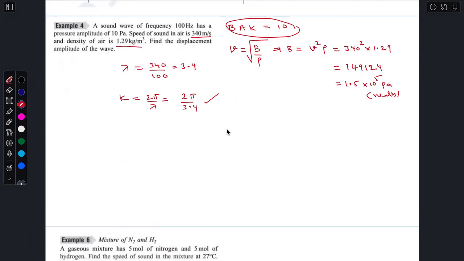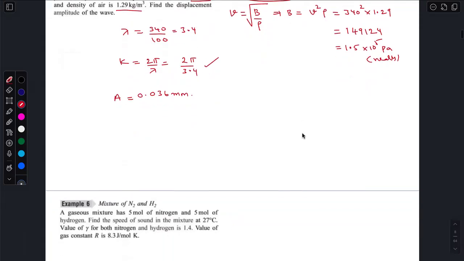Frequency and f lambda is equal to v. So by solving all these, you will get the amplitude as nearly 0.036. Trust me, because I just want to avoid calculations too.